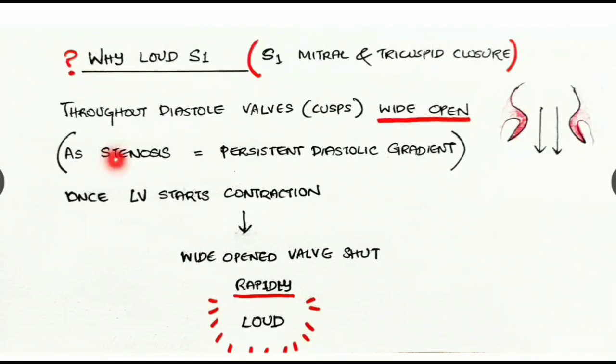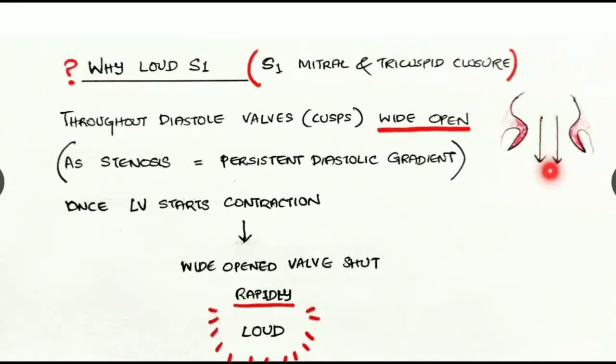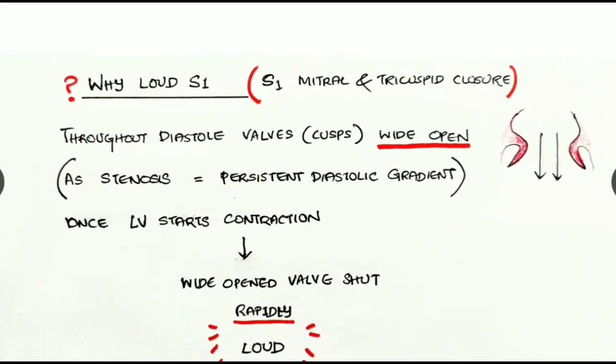As there is stenosis, only a small amount of blood passes from the left atrium to the left ventricle through the mitral valve. So only a small amount of blood is flowing, and for a longer time this pressure gradient persists throughout the diastole. Due to this persistent diastolic gradient, the valves are kept open for much more time.